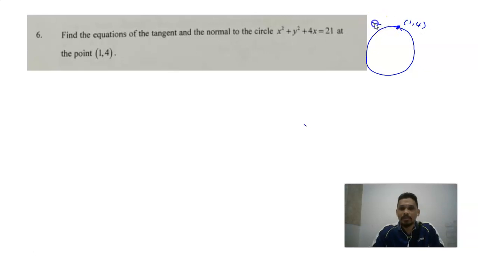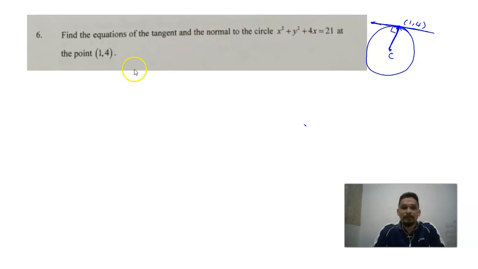So the question wants us to find out the equation of tangent and normal. So the tangent and normal are at 90 degrees here, so we can find the gradient of normal between the coordinate of 1 and 4 and also the center of the circle.